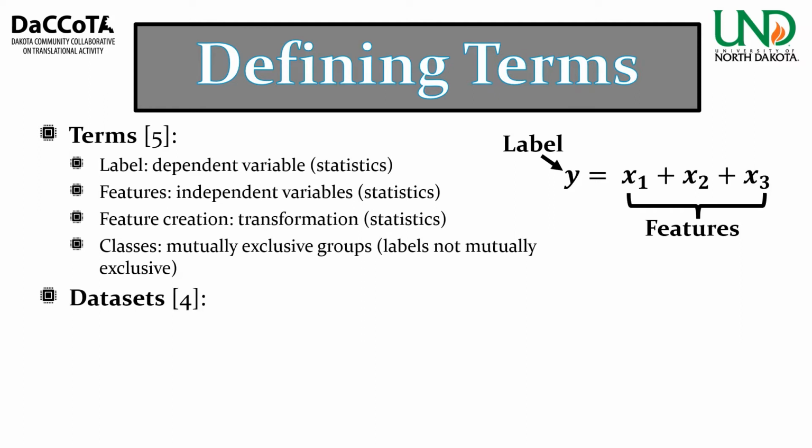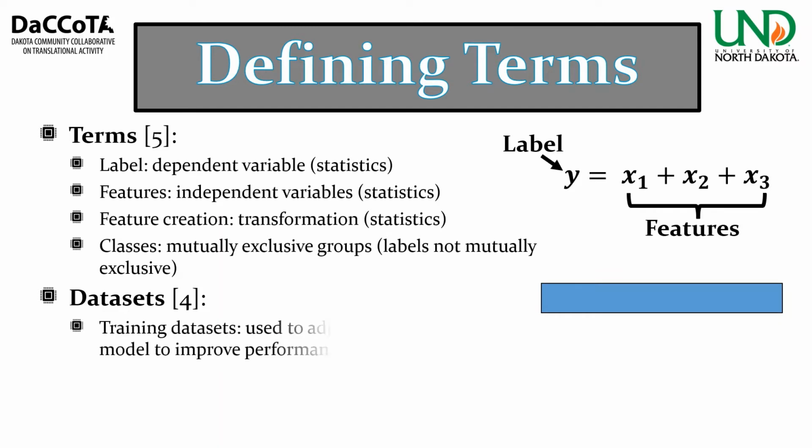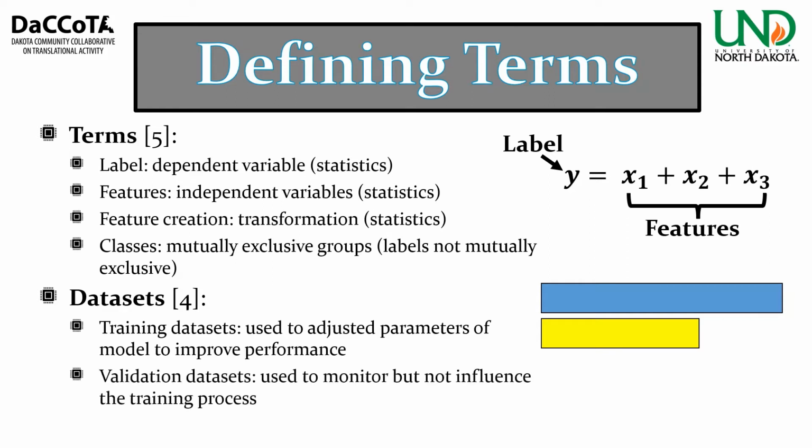Okay, with data sets, unlike in standard statistics where you typically analyze the whole data set, machine learning typically splits the data into 2 or 3 subsets. So there is the training set, which is essentially used to train the model. It's usually the bulk of it. Then there is the validation set, to make sure the model is not overfitted, etc. That will be a smaller portion of it.